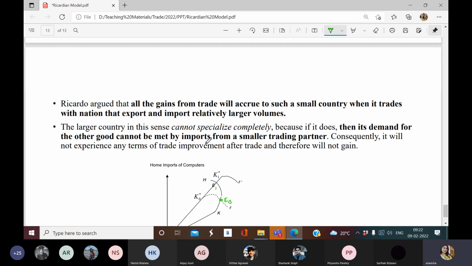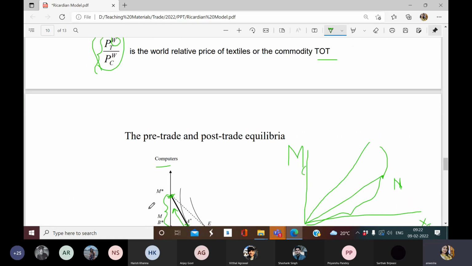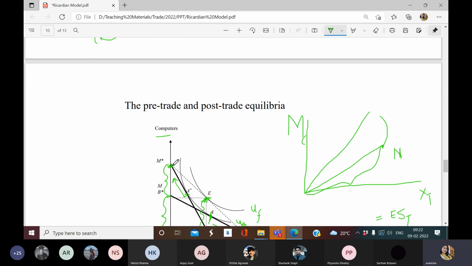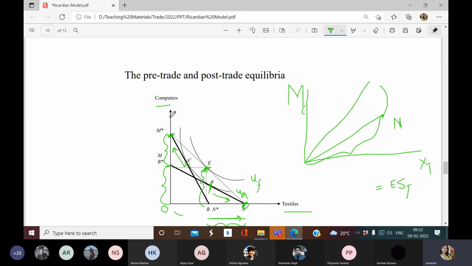If the foreign country is able to produce a very large amount of computer by being completely specialized, so that this vertical intercept is more elongated for the foreign country, what will happen?